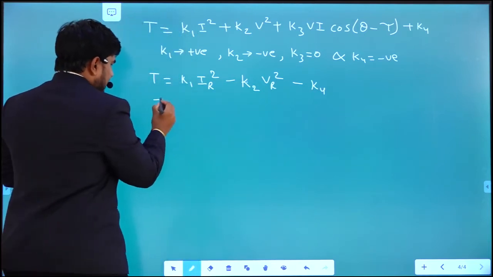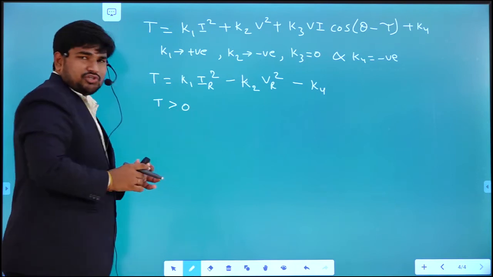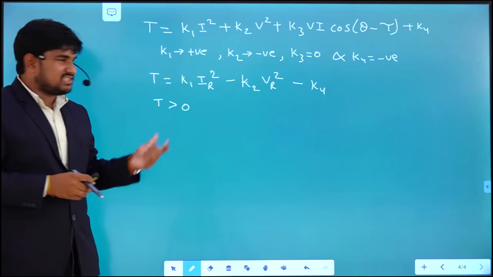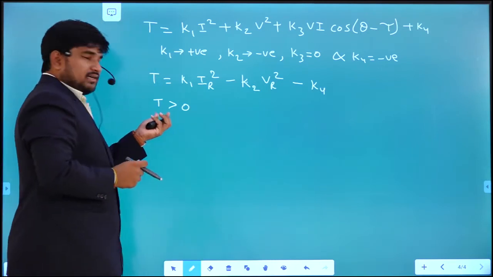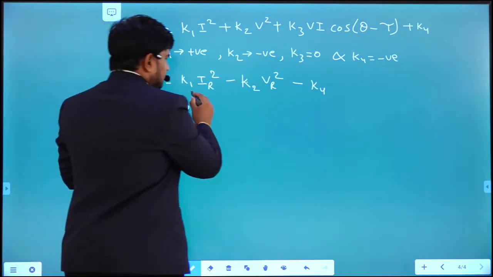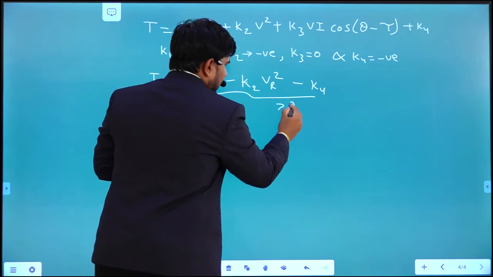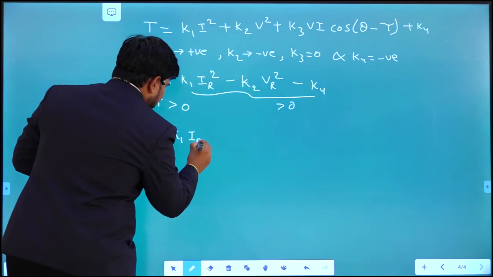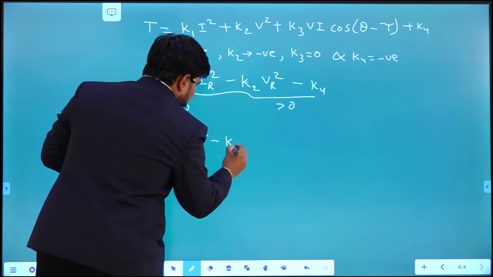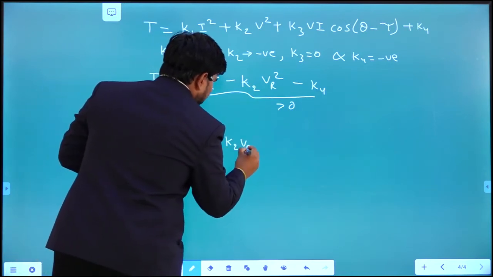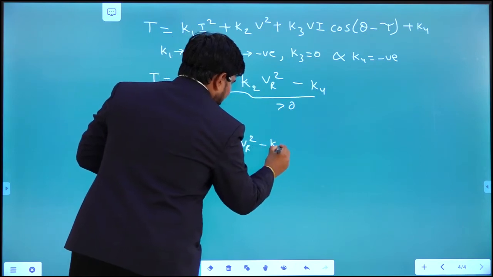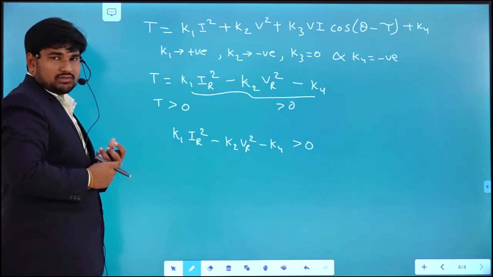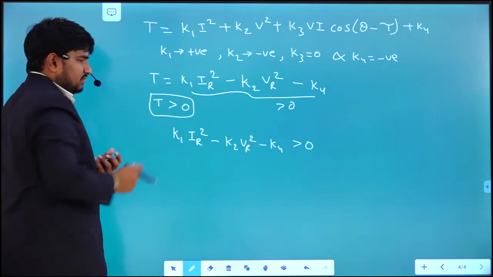Now to get positive torque, that means to get a trip signal, what is the condition? Let us check here. To get torque, this expression must be greater than 0. So K1 into IR square minus K2 into VR square minus K4 should be greater than 0 to get positive torque, that means a trip signal.